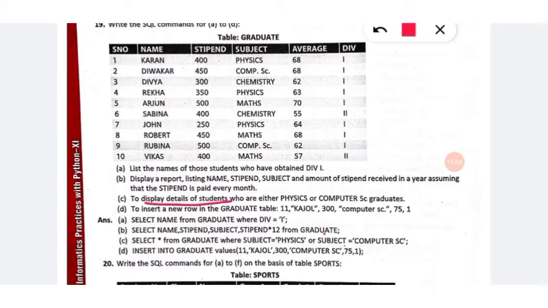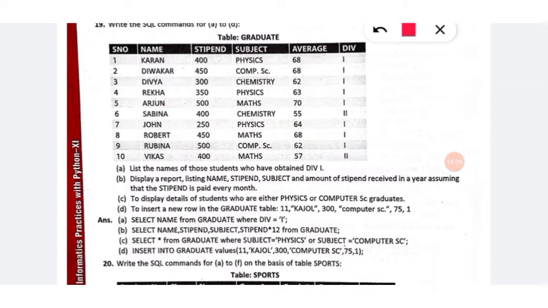It is given details, we have to use star. So select star from graduate where subject is equal to physics or subject is equal to computer science. So here it is comp.sc. So same thing you have to use here also, but here also again some printing mistakes are there. Then only it will match the string that is saved here.